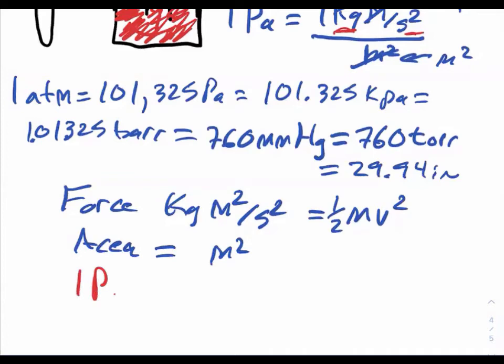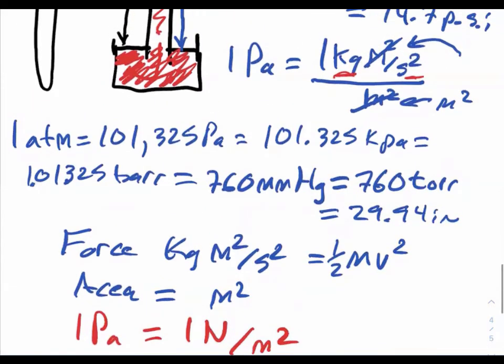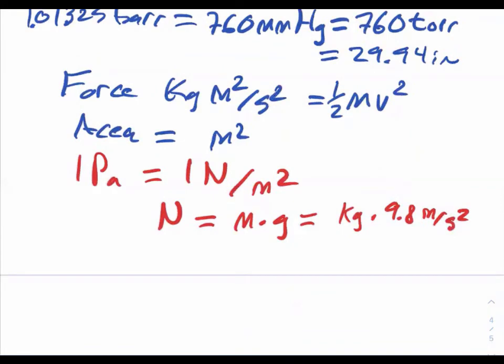1 Pascal is actually equal to 1 Newton per meter squared, right? And a Newton is equal to mass times gravity in SI units, which is a kilogram times 9.8 meters per second squared. Ooh, I'm sorry, it's not meters squared. I screwed this one up. Okay, so kilogram meters per second squared.